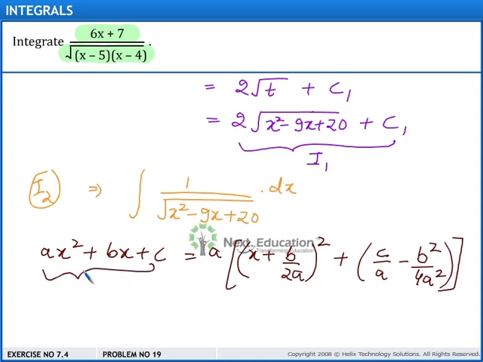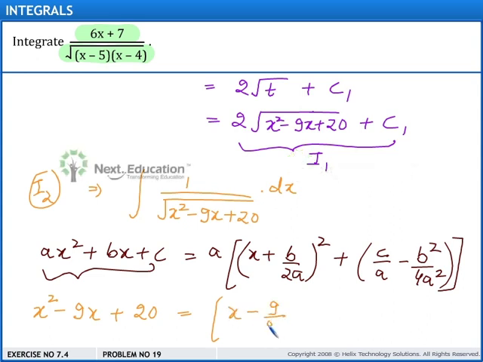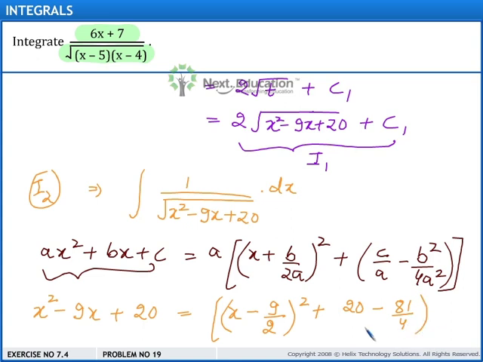Now, using ax² + bx + c, which is equal to the right hand side as shown, we can write x² − 9x + 20 equal to, a here is 1, so we have (x − 9/2)² + 20 − (81/4).